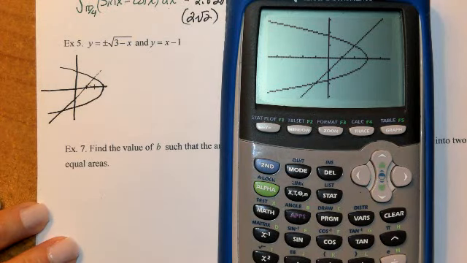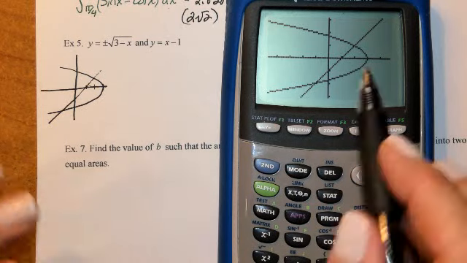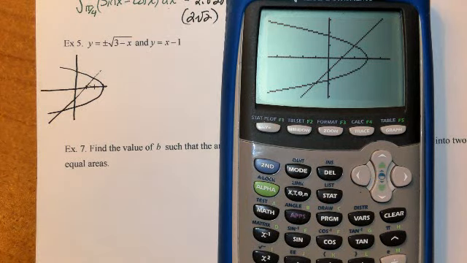Okay, how are we going to find the area of the region bounded by those three curves? I can think of two ways. I hope you can too.